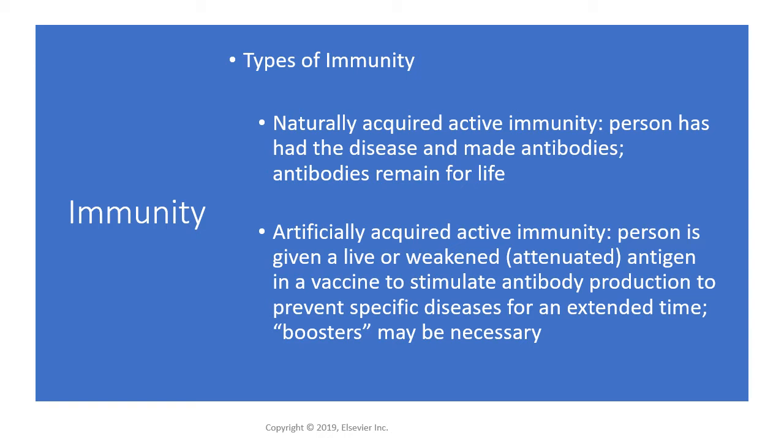But to keep it simple, we're going to talk about acquired immunity, and for this slide, naturally acquired active immunity and artificially acquired active immunity. Naturally acquired active immunity is a type of immunity that develops with regard to a microorganism that invades the body naturally, and it usually makes the person sick, and it triggers an immune system response.